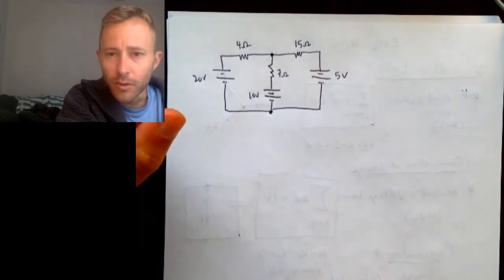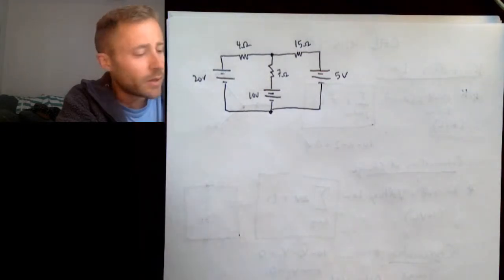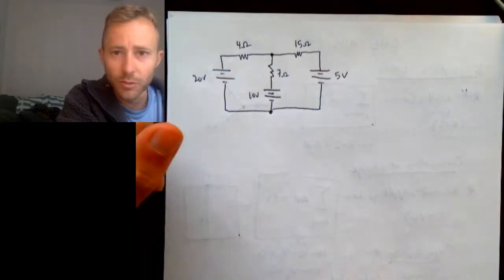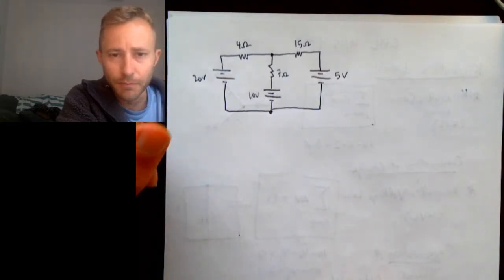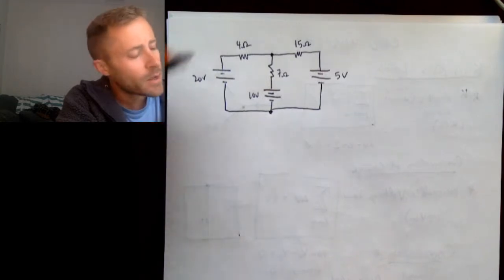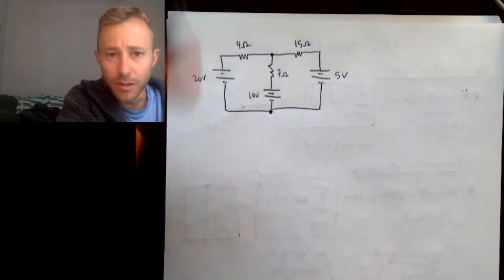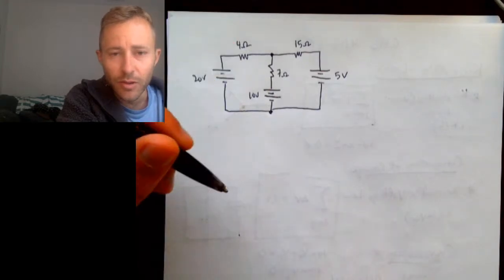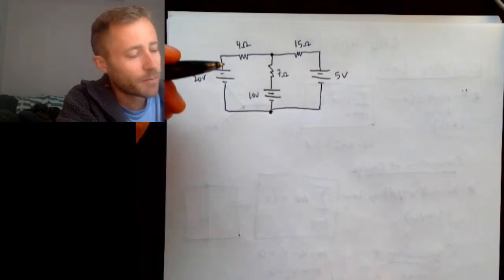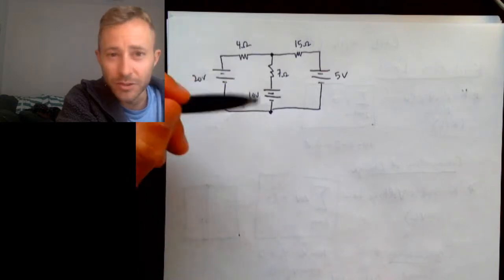So now the first thing you want to do when you are solving this is you want to identify how many independent or how many different currents there are. All right. And so this problem has 3 branches to the circuit.